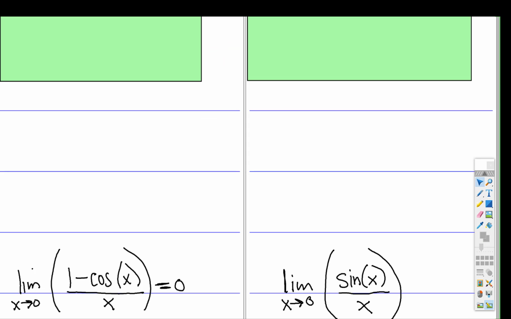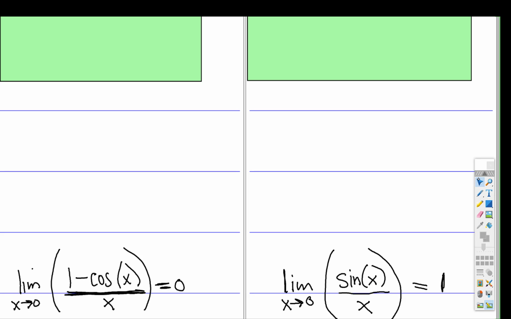Okay, and finally, for right and left side limits, you've got these special limits down below. For now you memorize, but later on when you know L'Hopital's rule, this will make sense and you won't have to have this memorized, but for now you do, that these are special limits, and oops, I left this off right here, is equal to 1, all right?